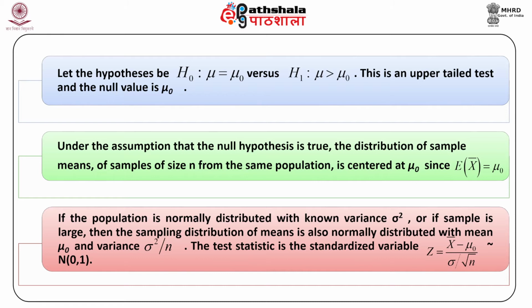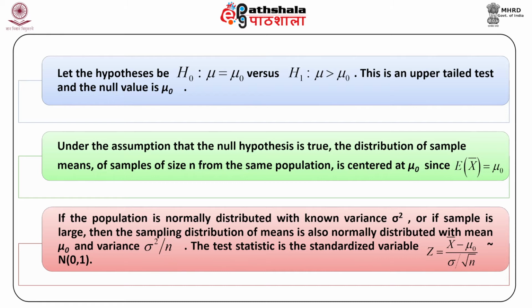A random sample of n observations is selected from the population and the sample statistic x bar is calculated. Under the assumption that the null hypothesis is true, the distribution of sample means of sample size n from the same population is centered at mu 0, since the expected value of x bar is equal to mu 0.